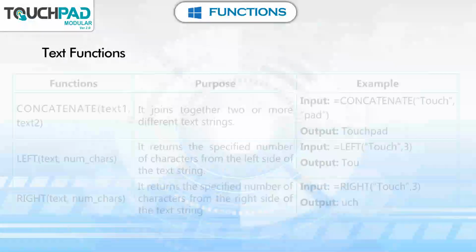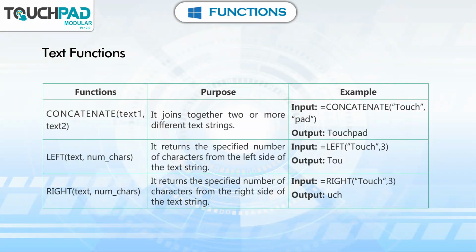Text functions. Functions, purpose, example. Concatenate, text1, text2. It joins together two or more different text strings. Input: equals CONCATENATE(touch, pad). Output: touchpad.